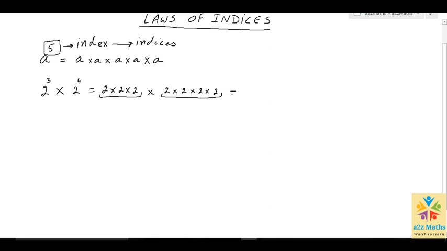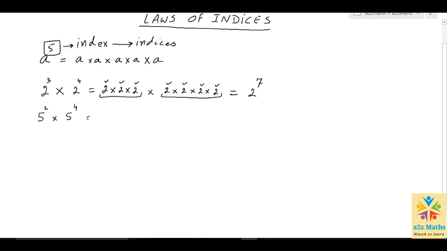Now if you count all of these, how many 2's do we have? Here 1, 2, 3, 4, 5, 6 and 7. So now I have 2 to the power 7. We know that from multiplication we can write it in index form. Let's take another example: 5 square times 5 power 4.